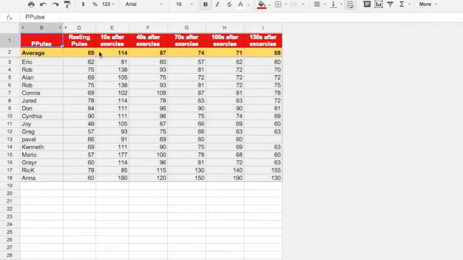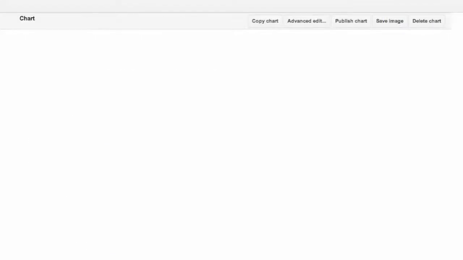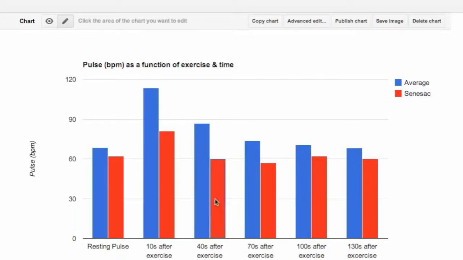Here you can see how the pulse changes over time for all the various students that participated in this activity. And then we can plot them up. Here we've plotted the average pulse rate, so calculating averages, and you can have the students calculate it by hand if you wish, and then compare it with the values that are cranked out here. But anyway, they get the concept of basic statistics and means and so forth.